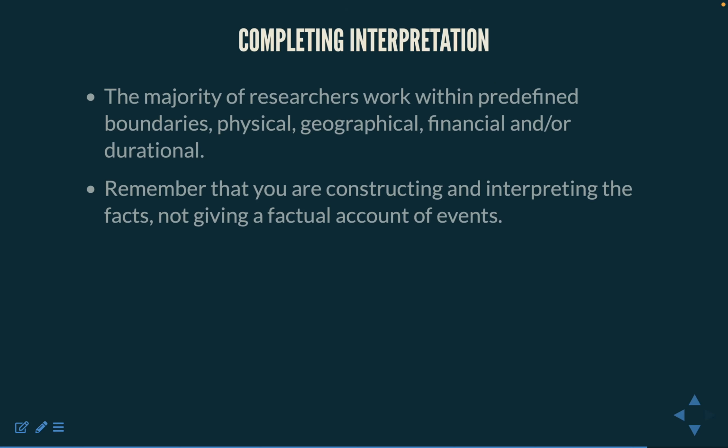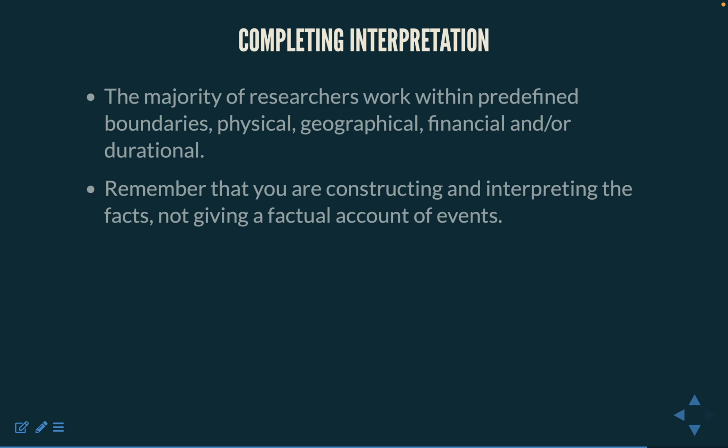You will reach a point in your research when you have examined all relevant sources, at least in an ideal world. More usually, you will reach a point when you have examined all the relevant available sources. The majority of researchers work within predefined boundaries: physical, geographical, financial, or durational. Once you have reached the point where no new data can be added, it is time for you to formalize and complete your interpretation based on the work you have done.